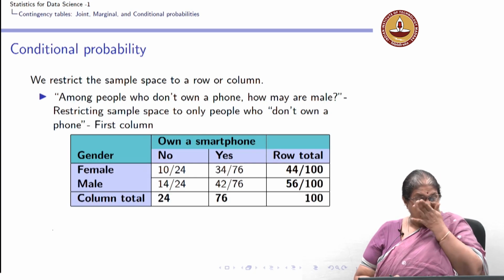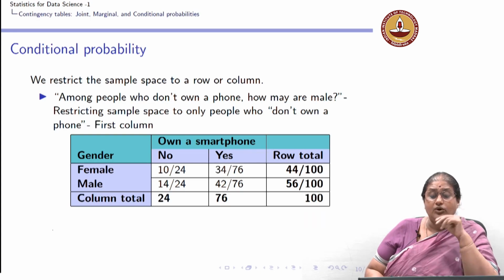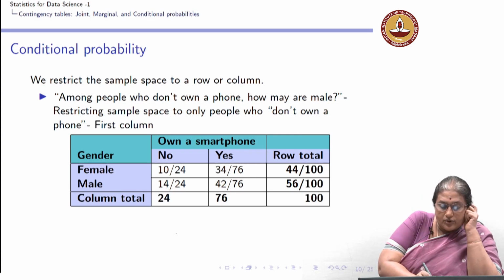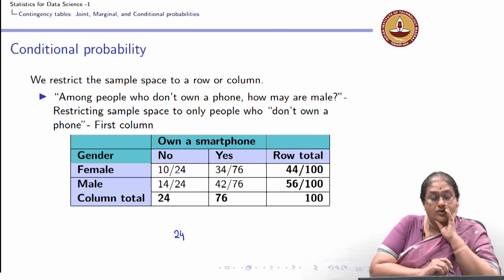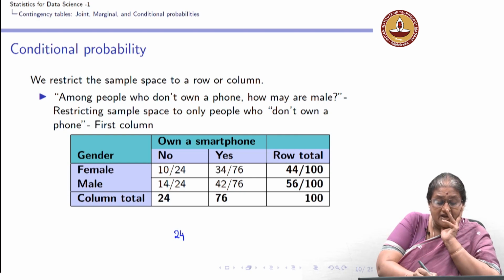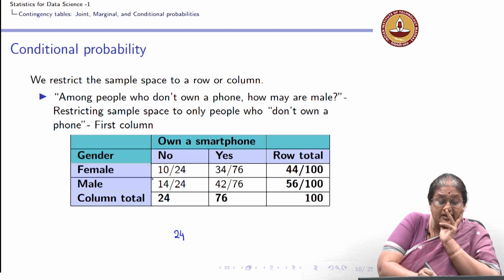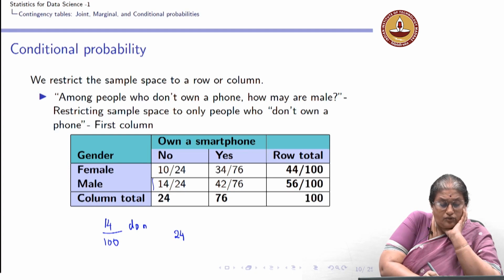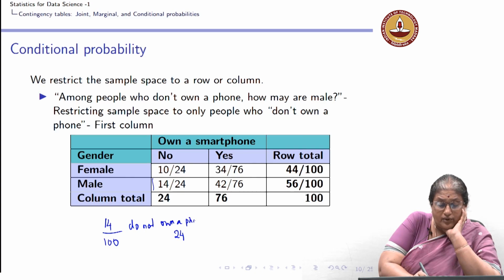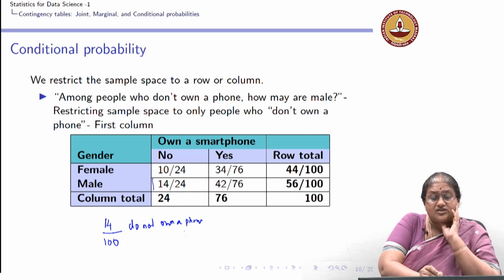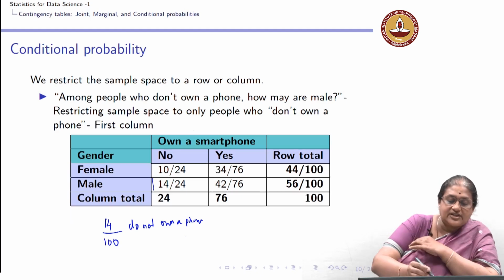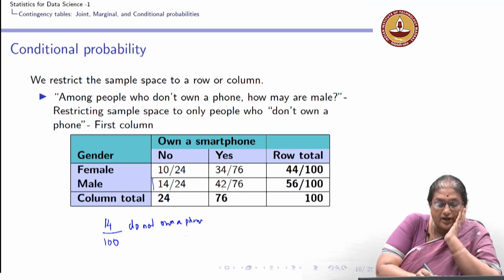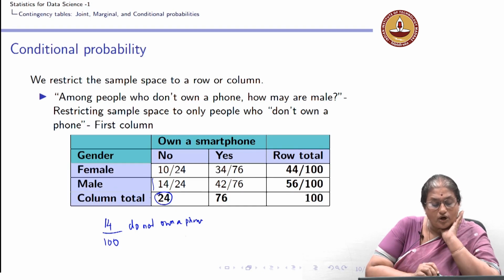Similarly, if I restrict to the people who don't own a phone, I have 24 people who don't own a phone. How many are males? I know 14 people in this. Jointly, 14 out of 100 people are males who do not own a phone. But if I want to restrict to the sample space of not owning a phone, I know only 24 do not own a phone.